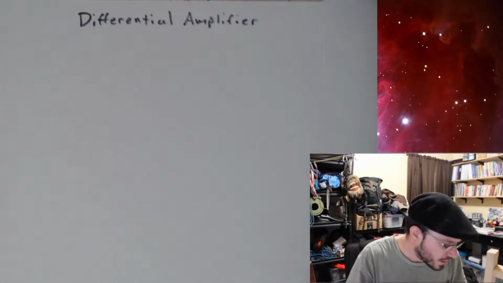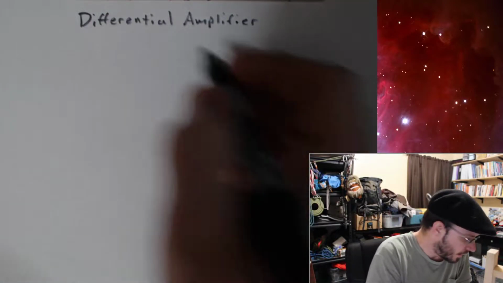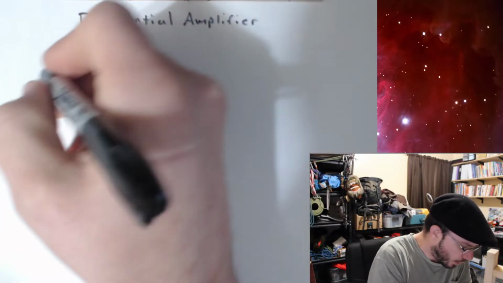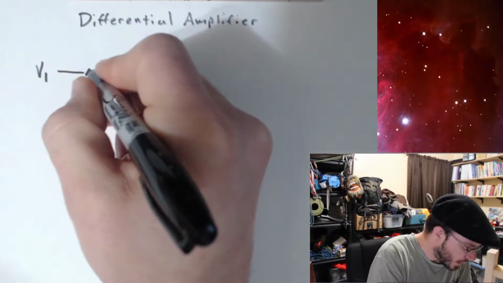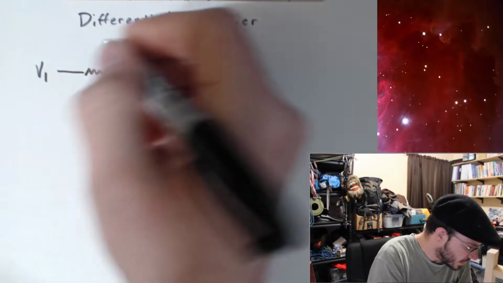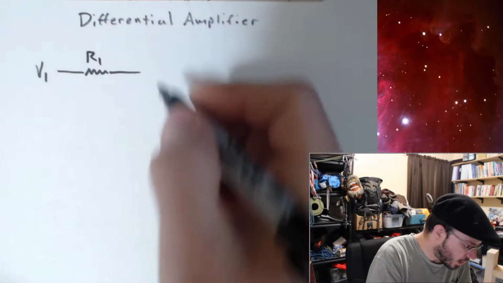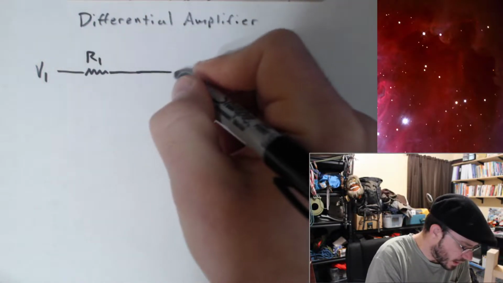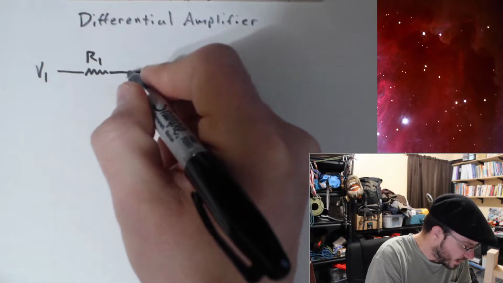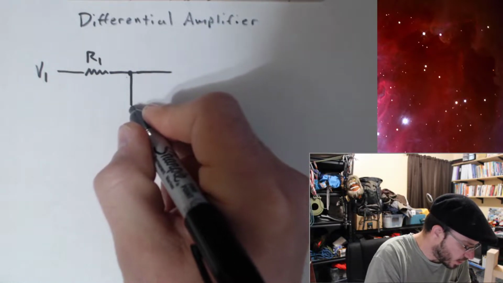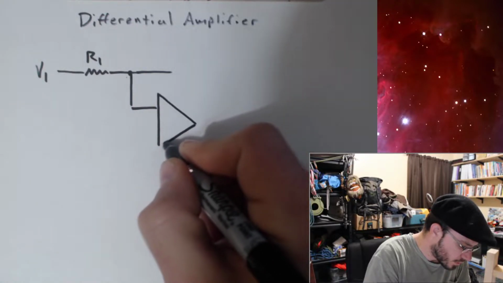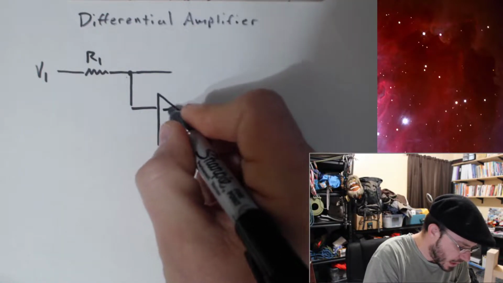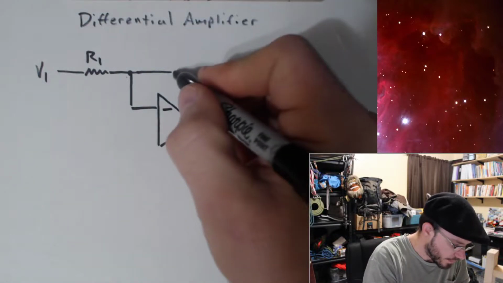Okay, so let's go ahead and put up the circuit for a differential amplifier. I'll call our first voltage V1. That's going to go into this resistor, which I'll call R1. And then we will branch off from here and go into our op-amp. Specifically, this is the inverting input.